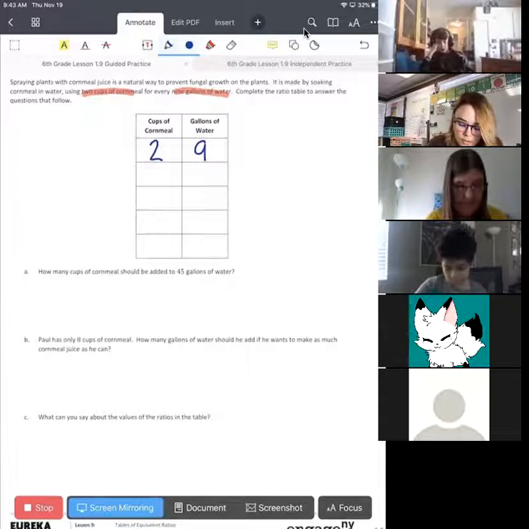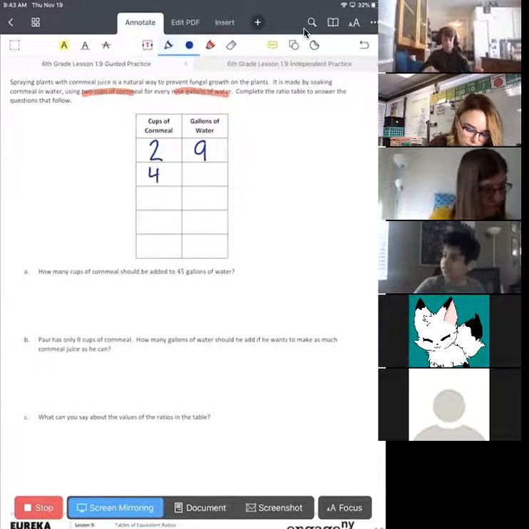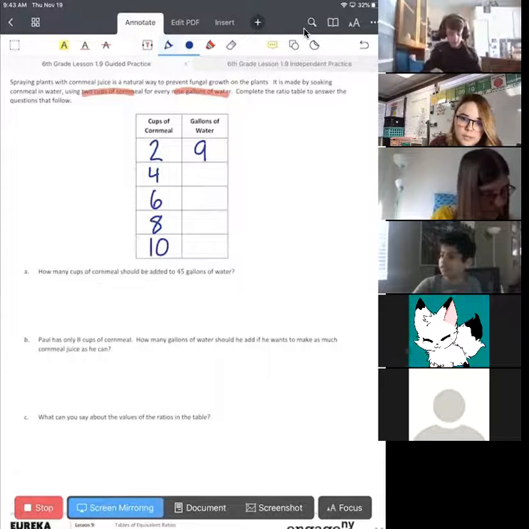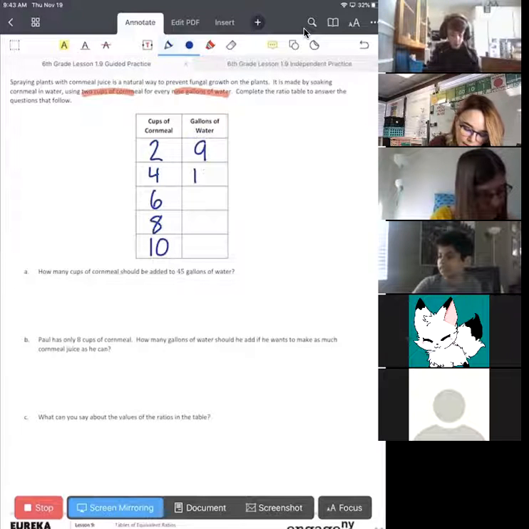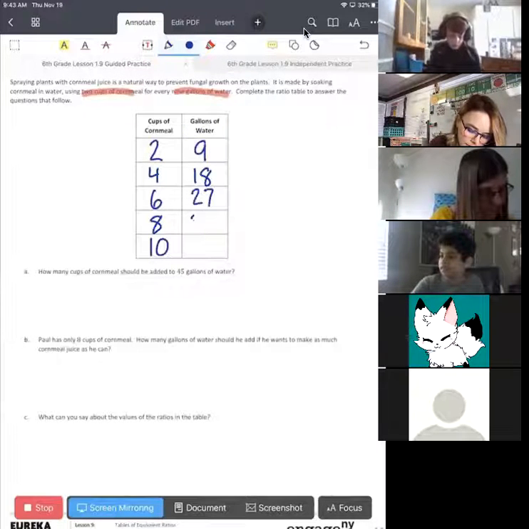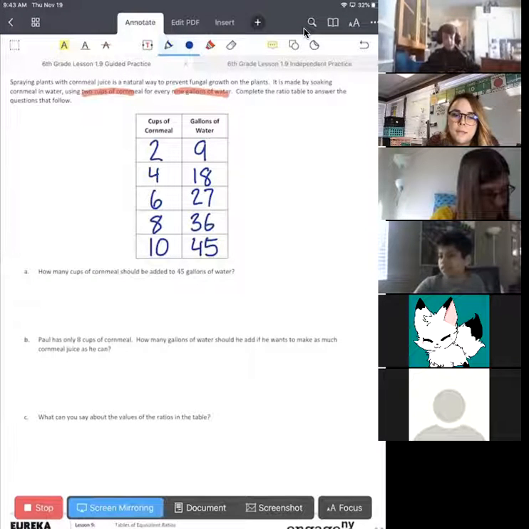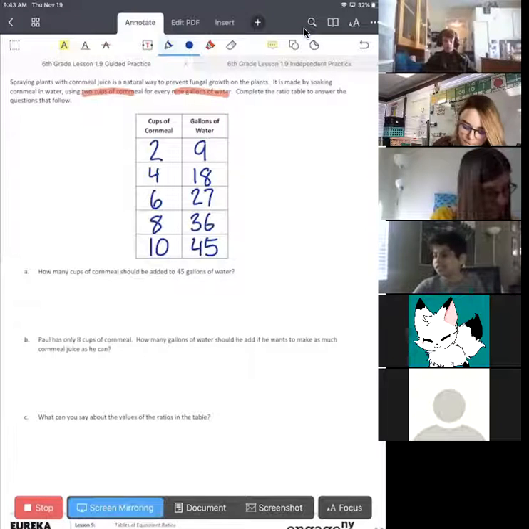If we continue on with our ratio table, if we keep going with this pattern, our cups of cornmeal are going to go 2, 4, 6, 8, and 10. And if we continue on with the gallons of water, we have 18, 27, 36, and 45. So A is asking how many cups of cornmeal should be added to 45 gallons of water.